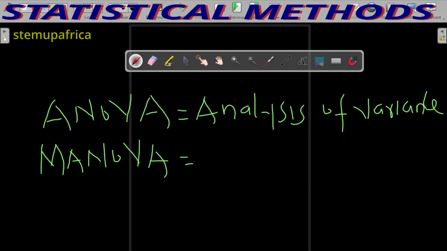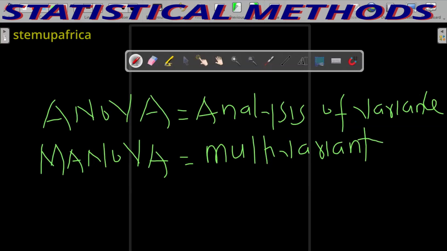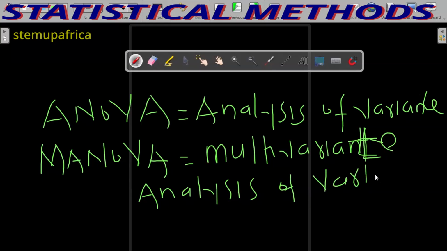This one stands for multivariate analysis of variance. That is what the MANOVA stands for.